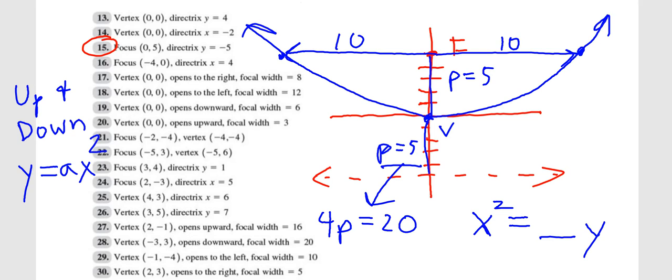Does that look more familiar from what you did last year in Algebra 2? I realize they write it a little bit differently. The left and right ones would switch x and y, so they would be x equals like ay squared, something like that.